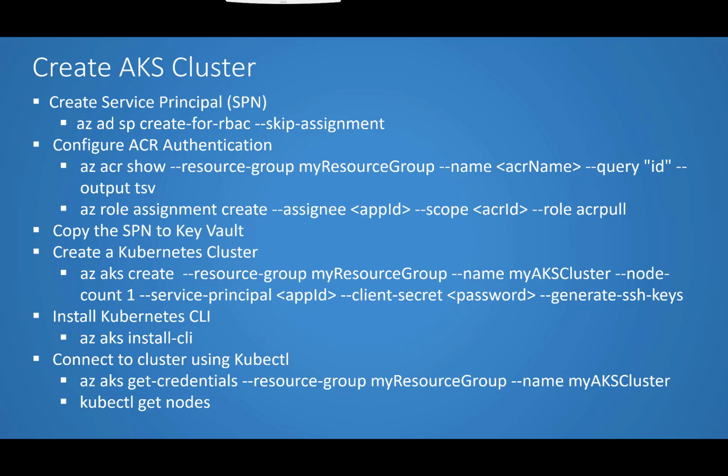Once the RBAC is done, we'll create a Kubernetes cluster, install the Kubernetes CLI, and connect to the cluster using the command kubectl. That's our task, and let's just dive into it and see what happens.